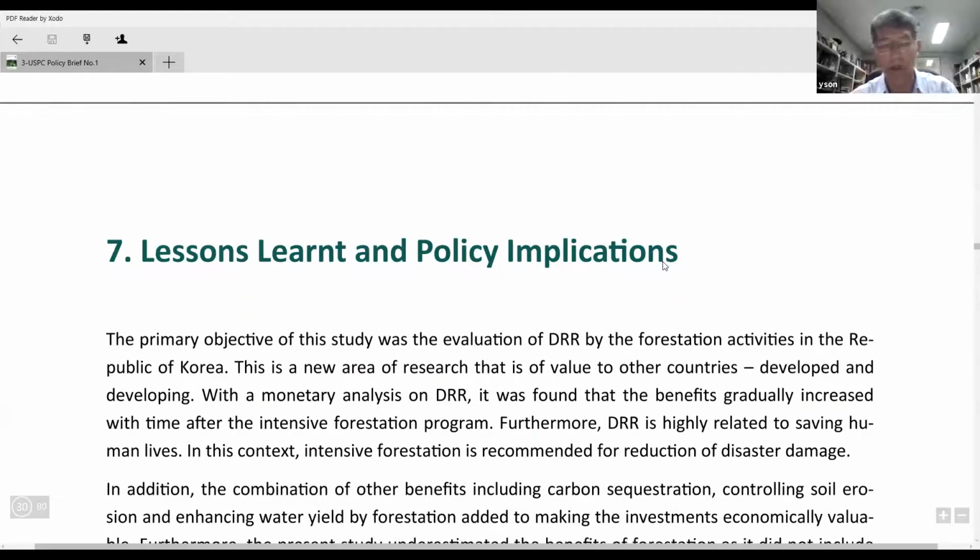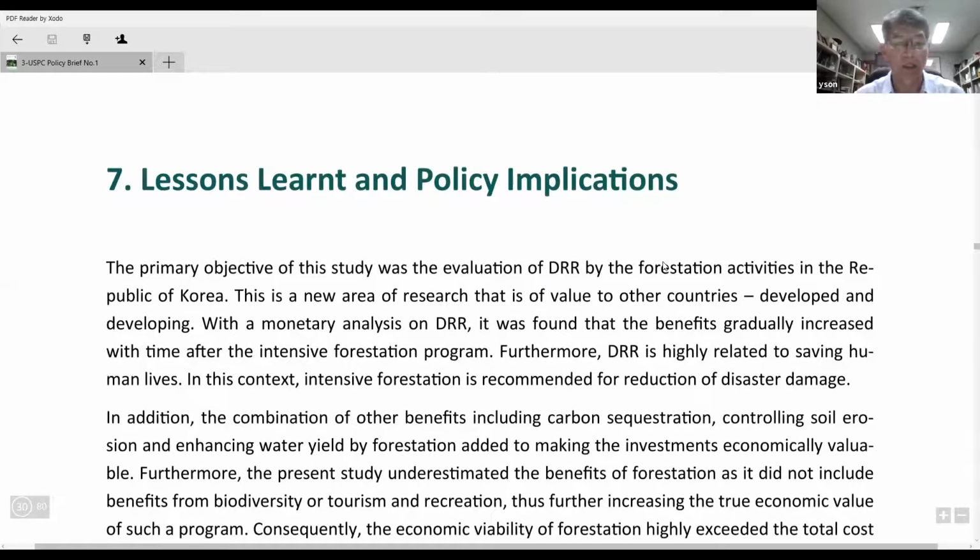So now I would like to emphasize the lessons we learned from our study. First, it was found that benefit gradually increased with time after the intensive reforestation program. Again, I would like to stress the importance of a rapid and intensive reforestation program. Furthermore, DRR is highly related to saving human lives.